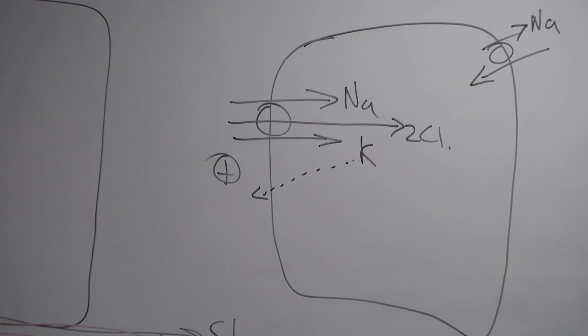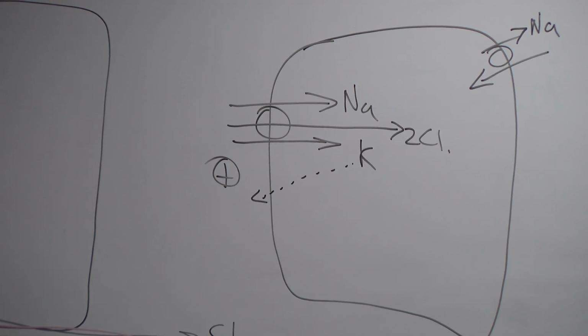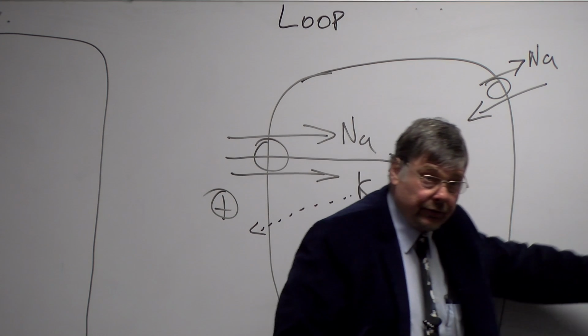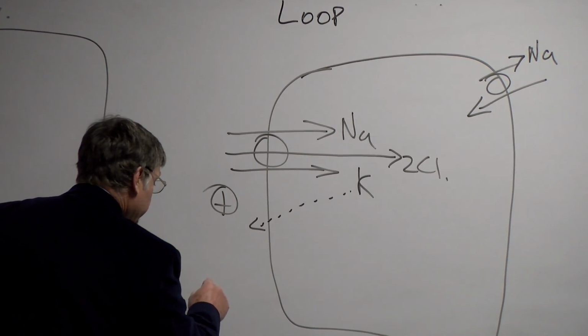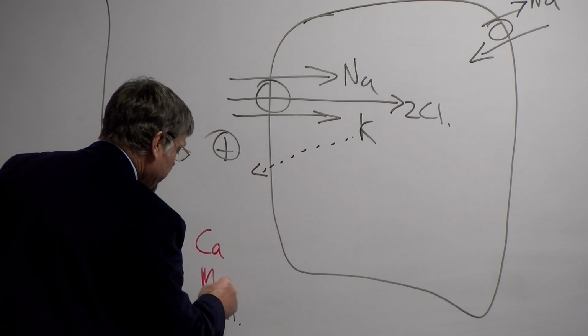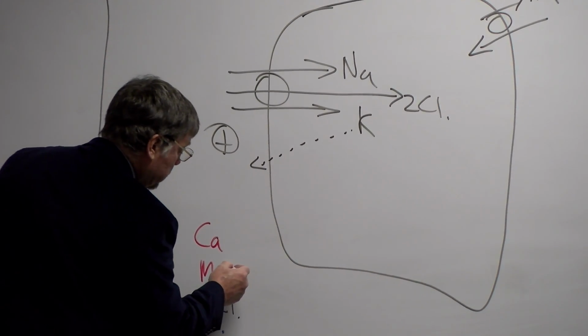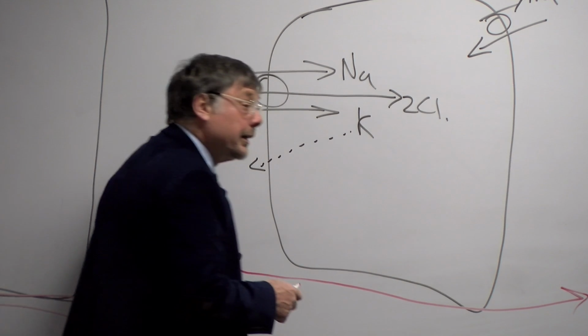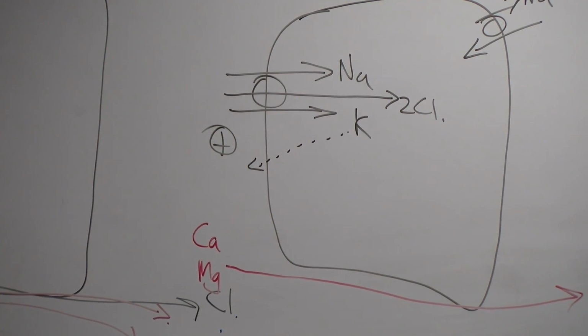And so positive ions then tend to want to move in this direction. So calcium and magnesium move by another claudin in this direction, again by a paracellular route.